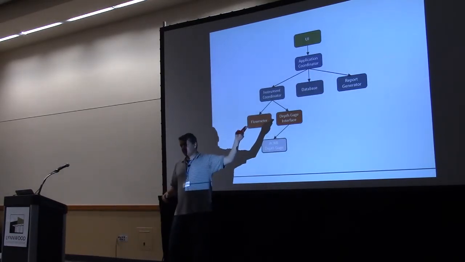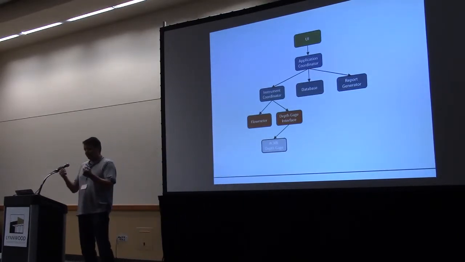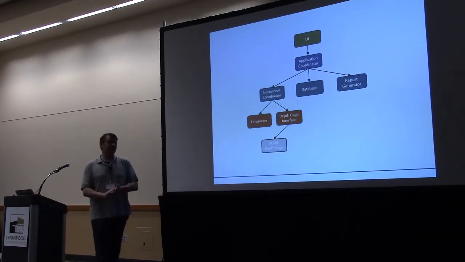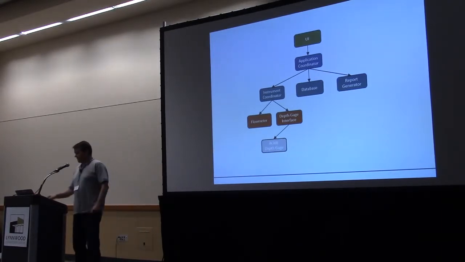But we want the front panel, my brain just skipped a beat. We want the front panel, and we want connector panes, so we can use them to invoke methods on our depth gauge classes, our depth gauge objects.